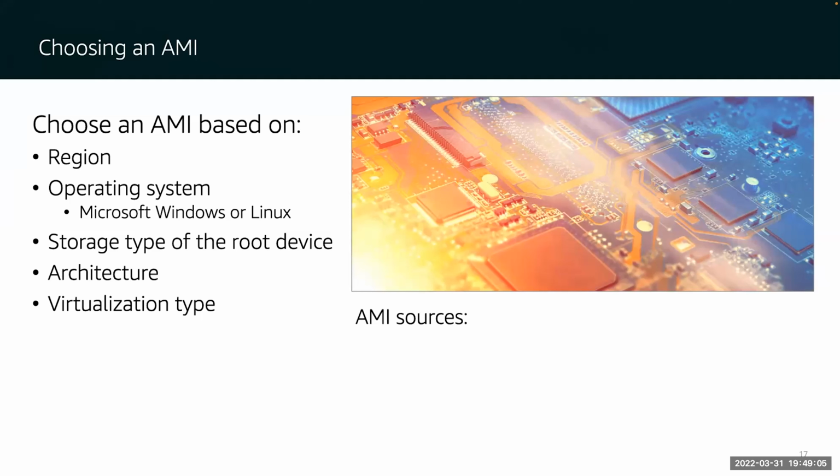You can use one of 2 types of virtualization: paravirtualization or hardware virtual machine. The main differences between paravirtual and hardware virtual machine include how they boot and whether they can take advantage of special hardware extensions for better performance. For the best performance, you can use an AMI with the HVM virtualization type.